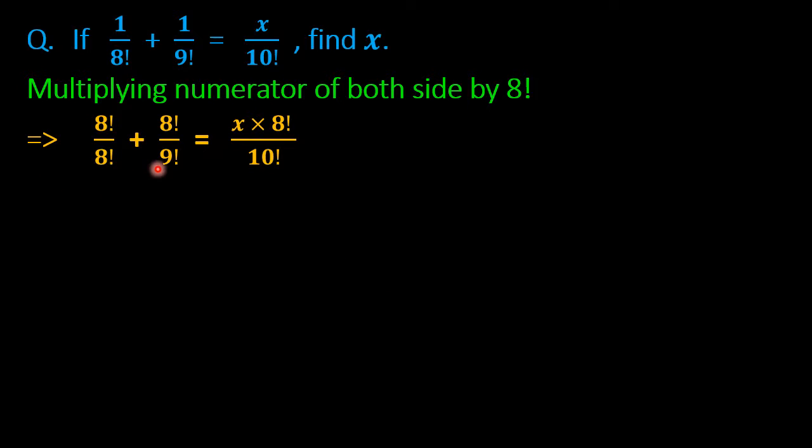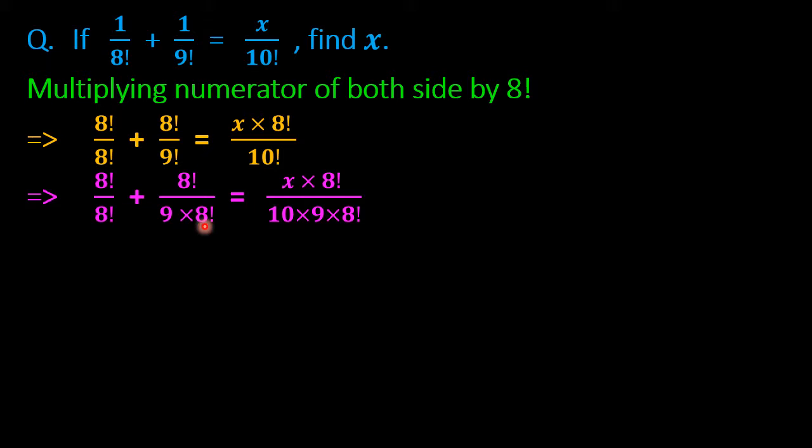Then I will simplify 9 factorial and 10 factorial in such a way that I can cancel this 8 factorial. Here 9 factorial can be written as 9 into 8 factorial, which I have already explained before. And 10 factorial can be written as 10 into 9 into 8 factorial.